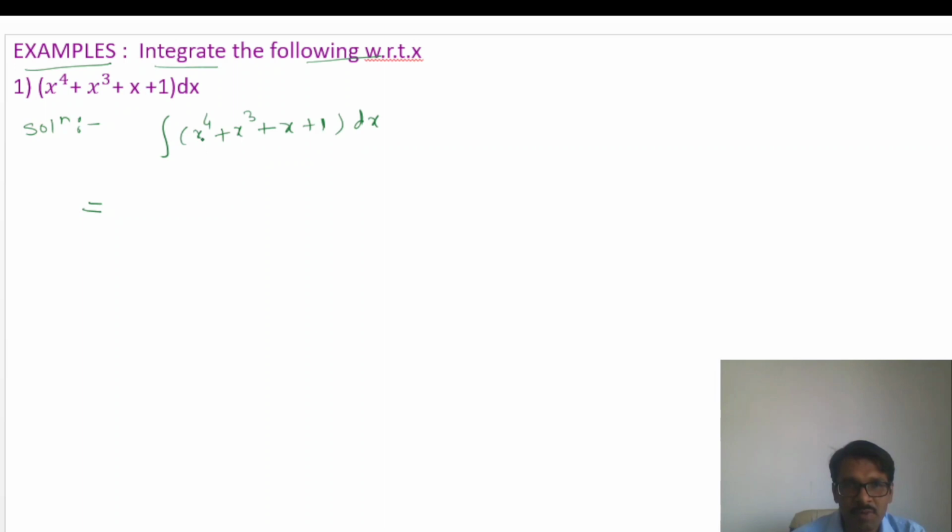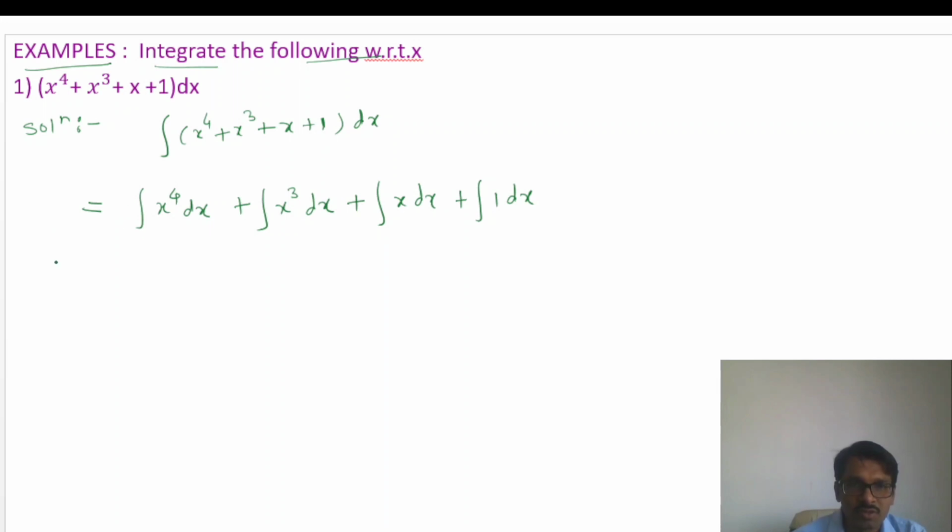We get the integration of x raised to 4 with respect to x, plus the integration of x cube with respect to x, plus the integration of x with respect to x. Again, this 1 is a constant value, so we integrate this 1 with respect to x.